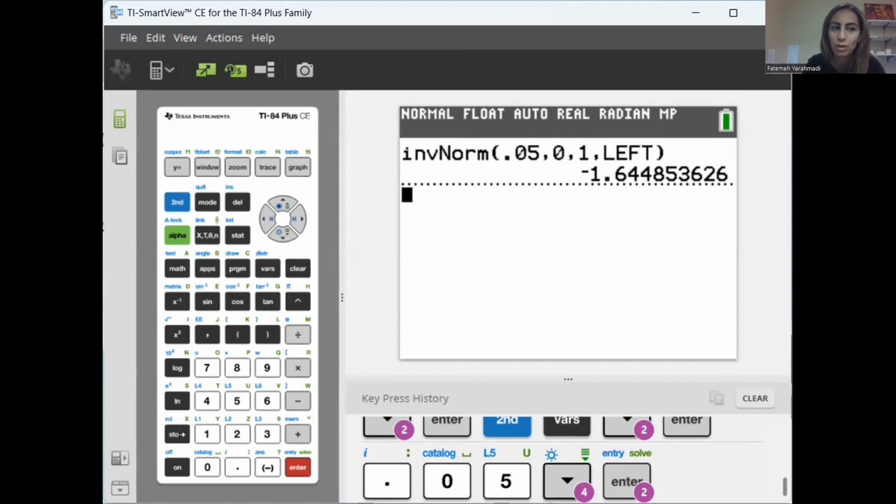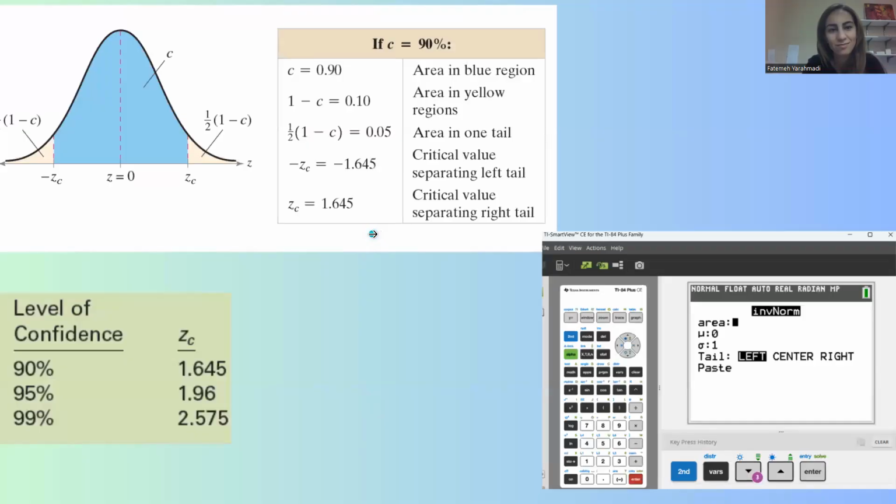This is this number on the left-hand side. So if you want to find a number on the right-hand side, which must be positive, you get 1.645. So let's take a look at the screen here. Negative number on the left, positive number on the right. That's how you find your critical values.